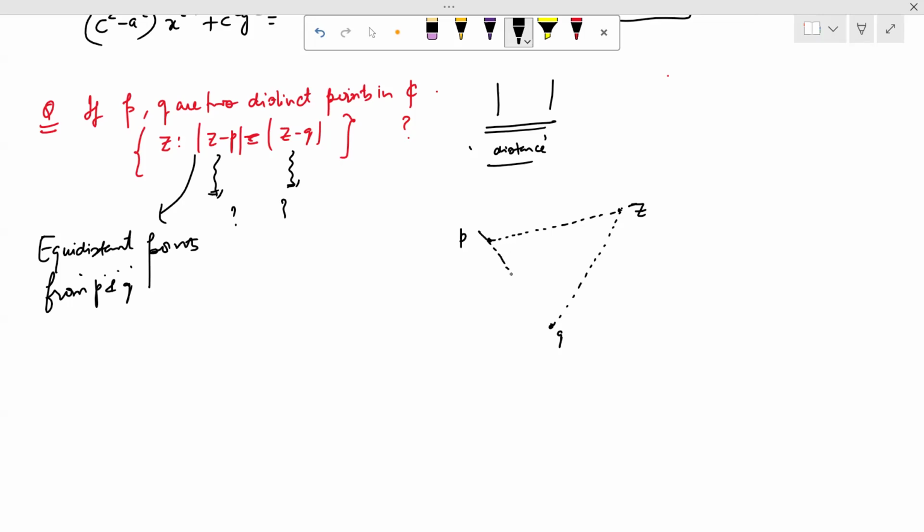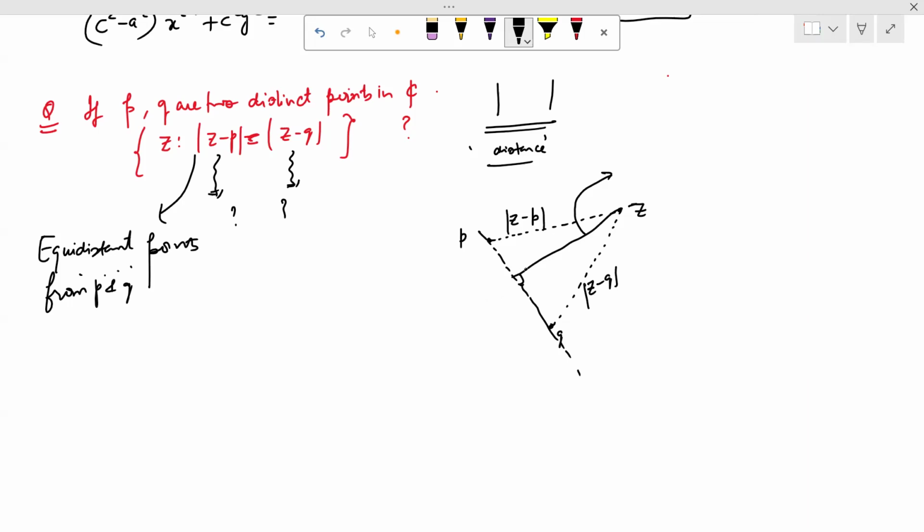Okay, is that fine? So it implies that this particular Z will be lying on the perpendicular bisector of P and Q. So this is your distance, modulus of Z minus P, and this distance is modulus of Z minus Q. And if both of them are equal, if I drop a perpendicular, this will be the perpendicular bisector of the line joining P and Q. Is that fine or not fine?